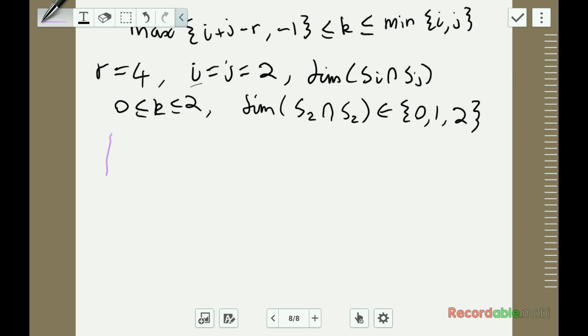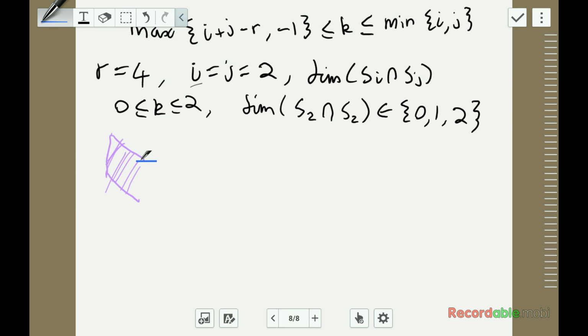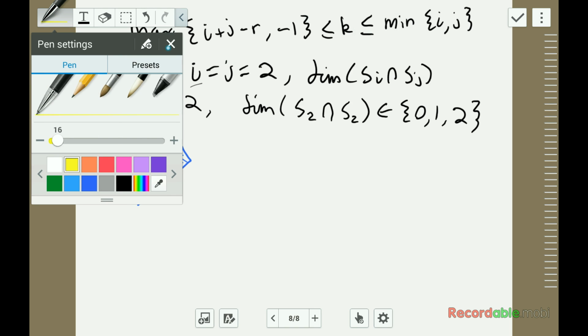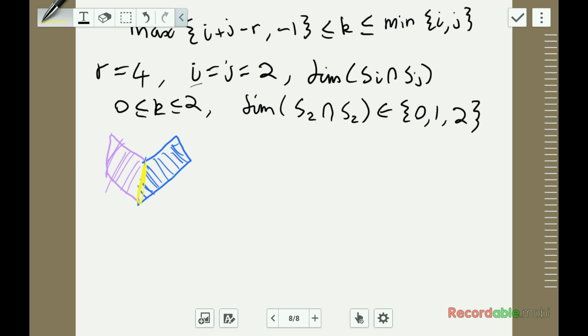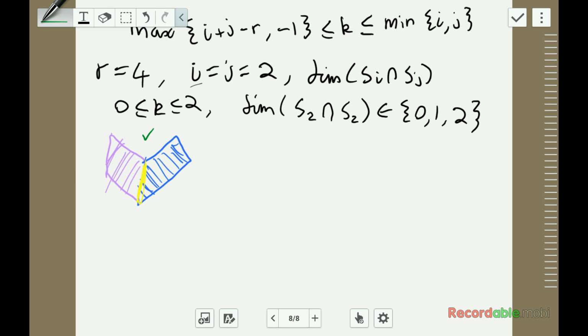Well, we've probably all seen this happen before. We have a couple of planes, and the intersection between them is a line, a one-dimensional subspace. So we've seen that happen before.